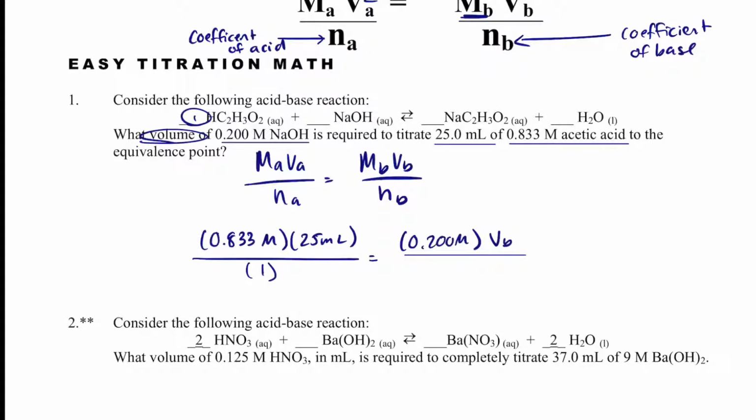And the coefficient of my base is 1. So my denominators really check out here. I'm going to take 0.833 times 25, and then divide by 0.2. The volume of base that I solve for is 104.125. I'm just going to say 104. And it's got to be milliliters because VA is in milliliters, therefore VB needs to be in milliliters.